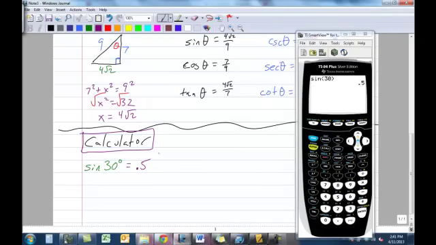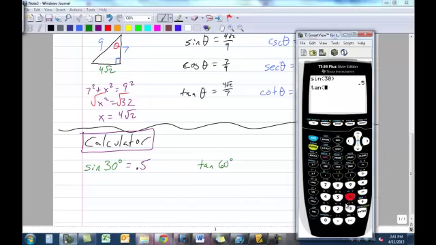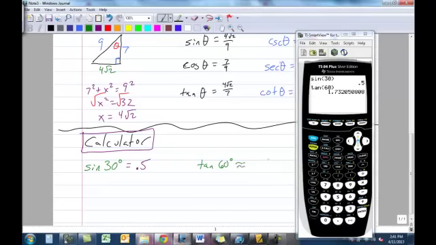If I ask you what the tangent of 60 degrees is, you press tangent 60. Press enter, and it's gross, so we'd round to maybe 4 decimal places. 1.7321.